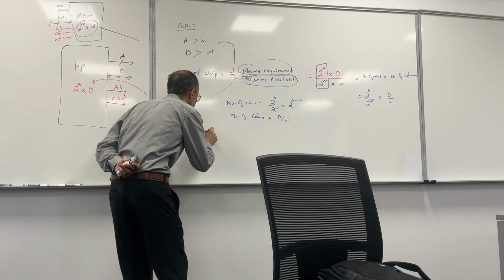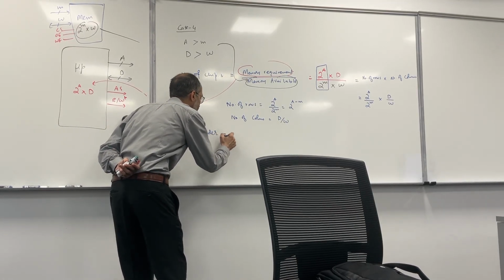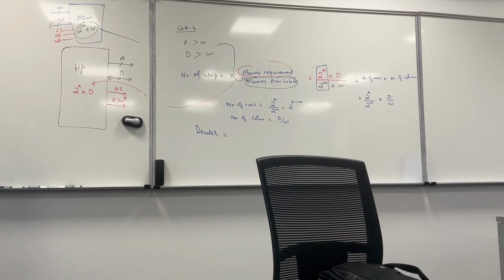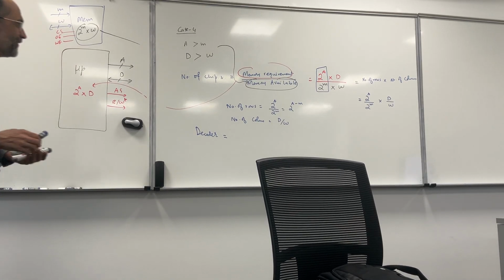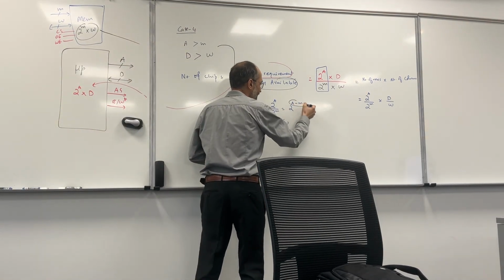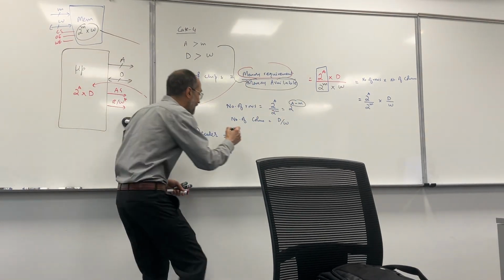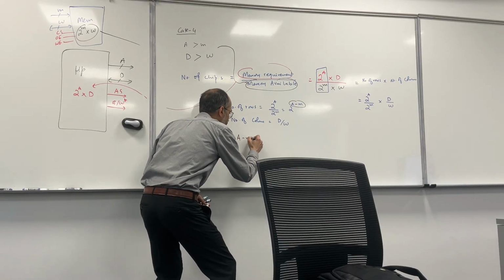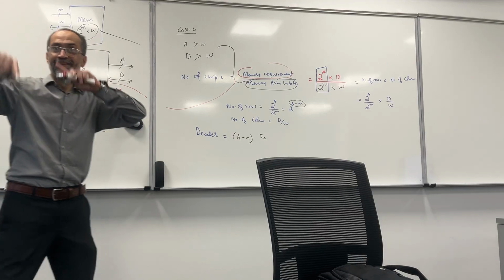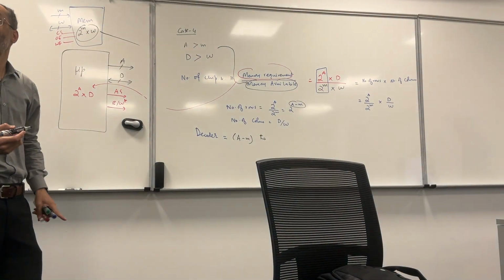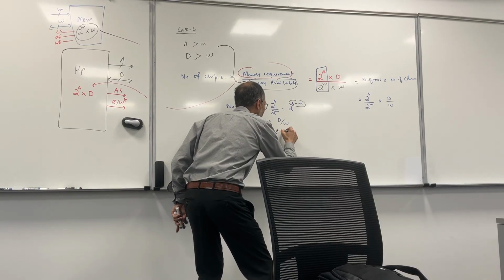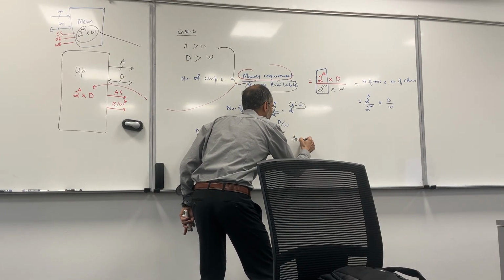The decoder required will be A minus M to the number of rows. How many rows are there? 2 to the power A minus M decoder.